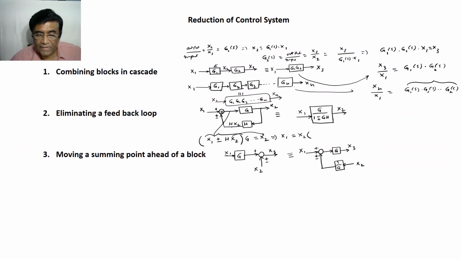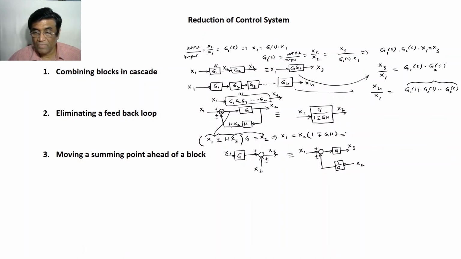If I send it to the other side of the equal sign, then plus will be minus, minus will be plus. And then I am taking common, right, here. So very simple manipulation: 1 plus or minus g into h.